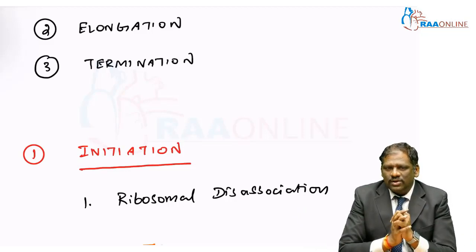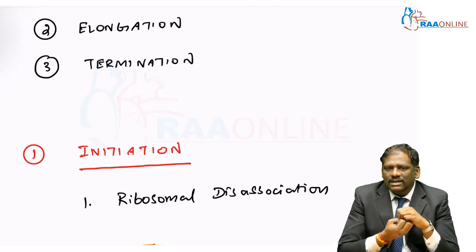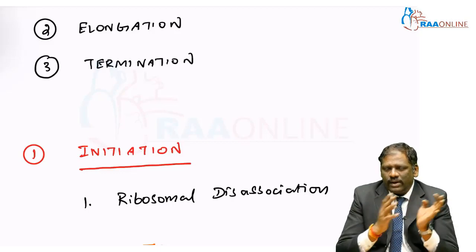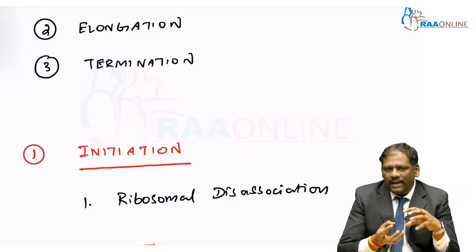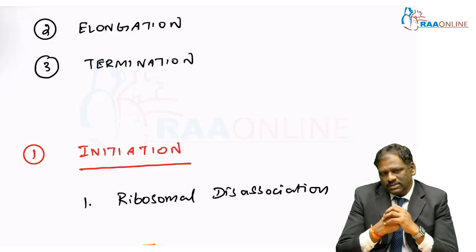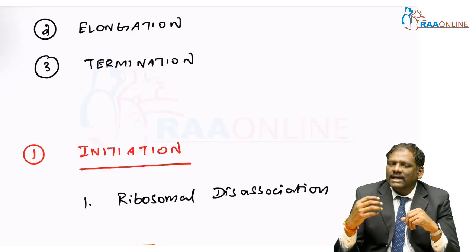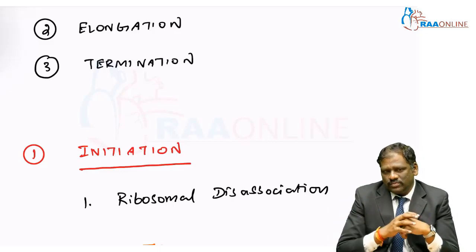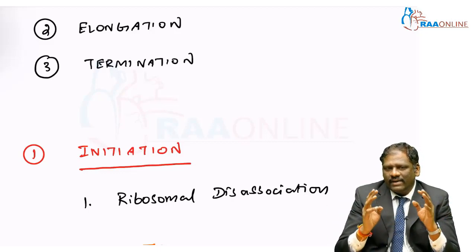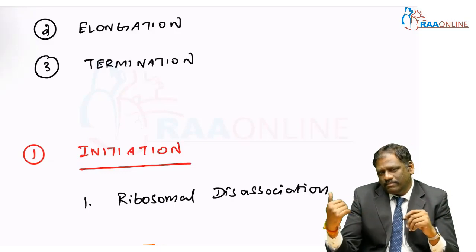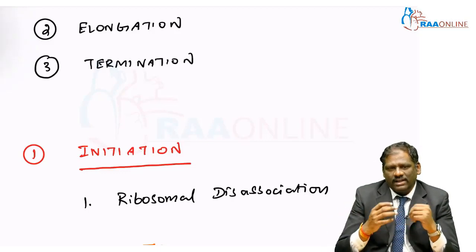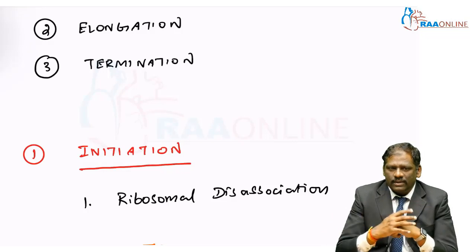This is called ribosomal dissociation. In prokaryotes the ribosomes are 70S ribosomes, and in eukaryotes they are 80S ribosomes. I have explained the components in detail in part 1 of my translation lecture, so you can go through that.